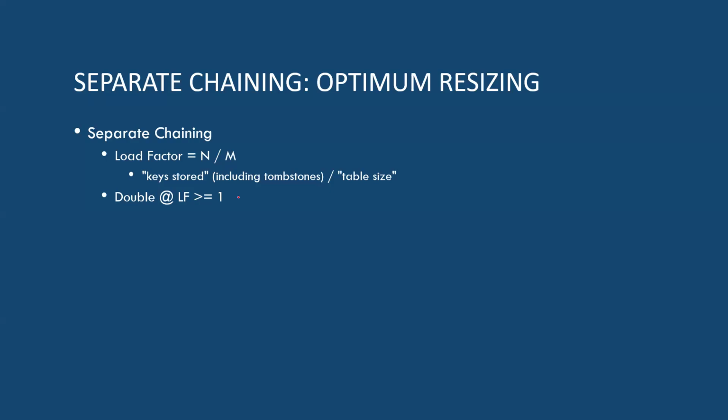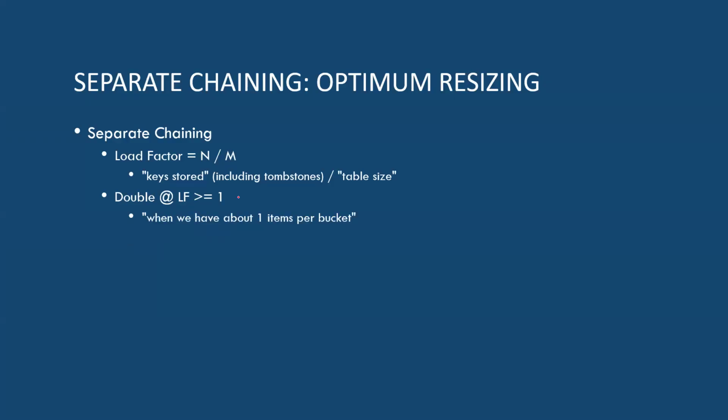If there's an overflow, we just have a relatively short linked list there that allows us to quickly find something with one or two seeks of our linked list. So doubling when the average length of the chain in each of our buckets is greater than 1 is the time when we would want to double.